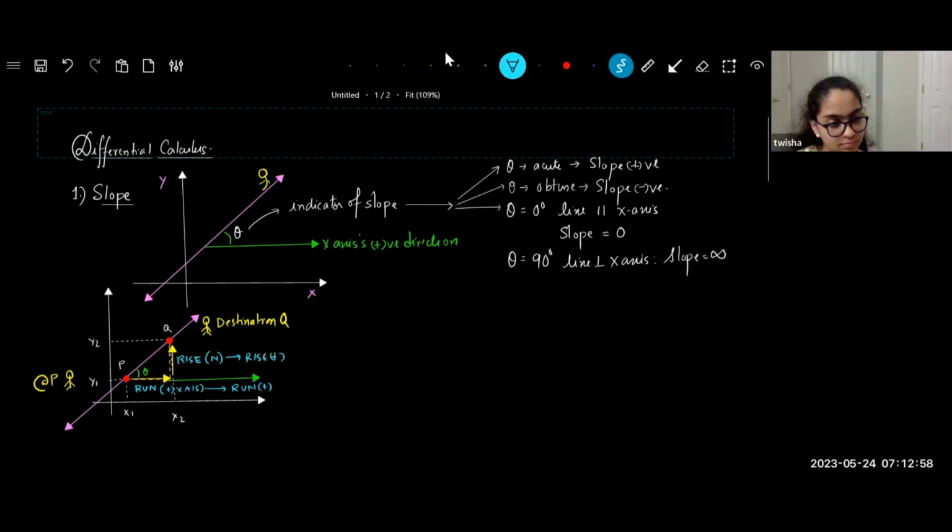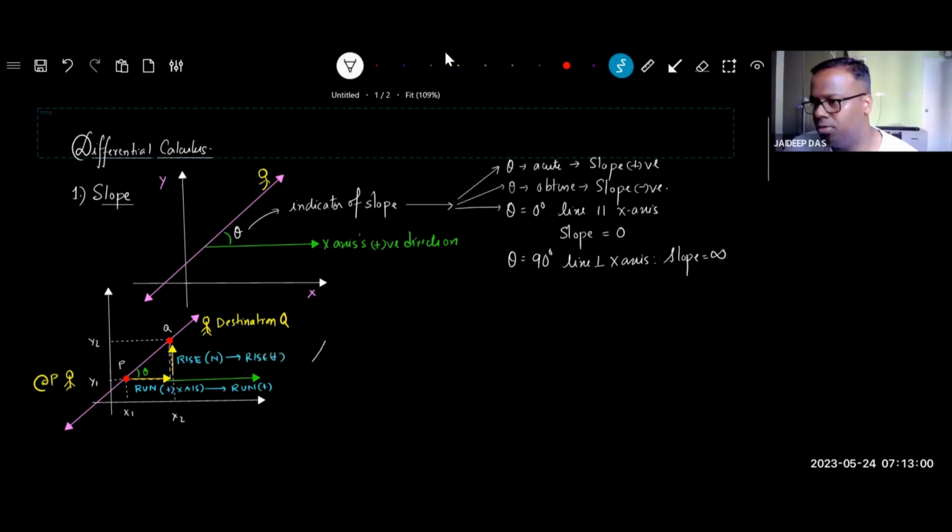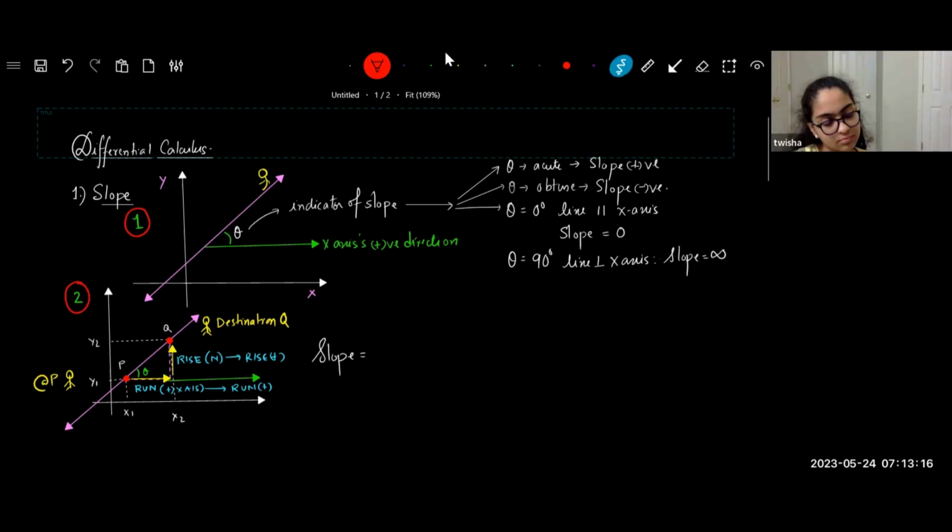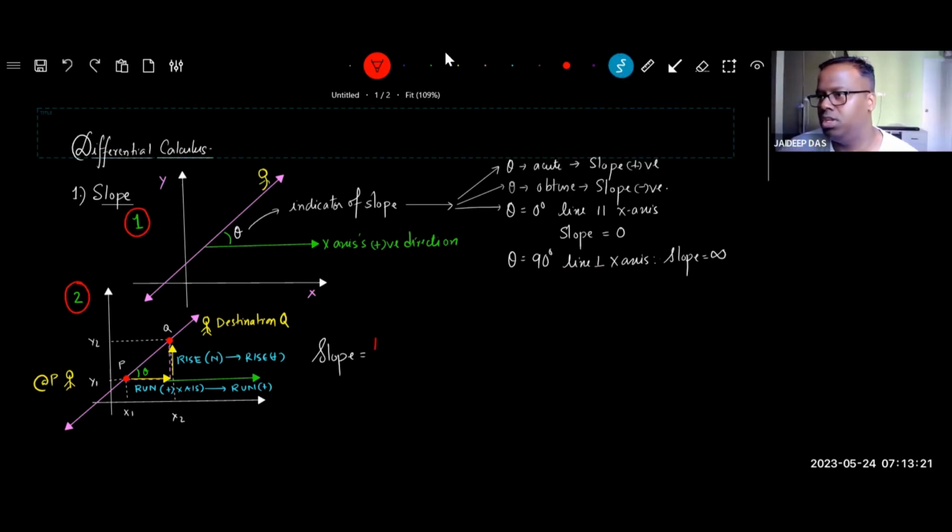And first time we will be coming and concluding on the formula for slope. In the previous diagram, let's mark them. Let this be 1, let this be 2. In the previous one, what we did was an indicator of slope. And the second one, we are computing slope. So slope is always given by the ratio of rise over run.